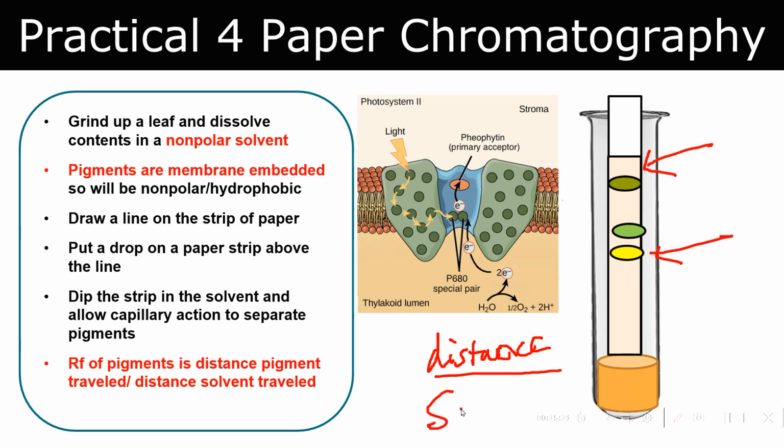So distance of the pigment divided by the distance of the solvent is going to give you that RF. And so you can use that number to identify your different pigments.